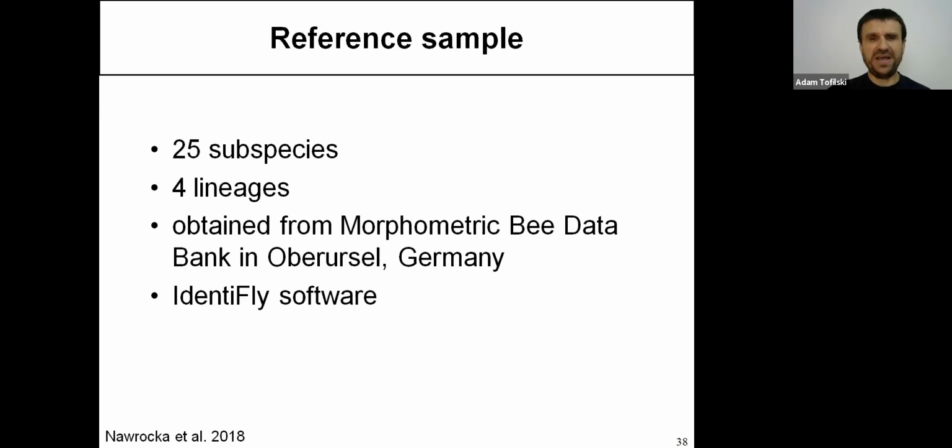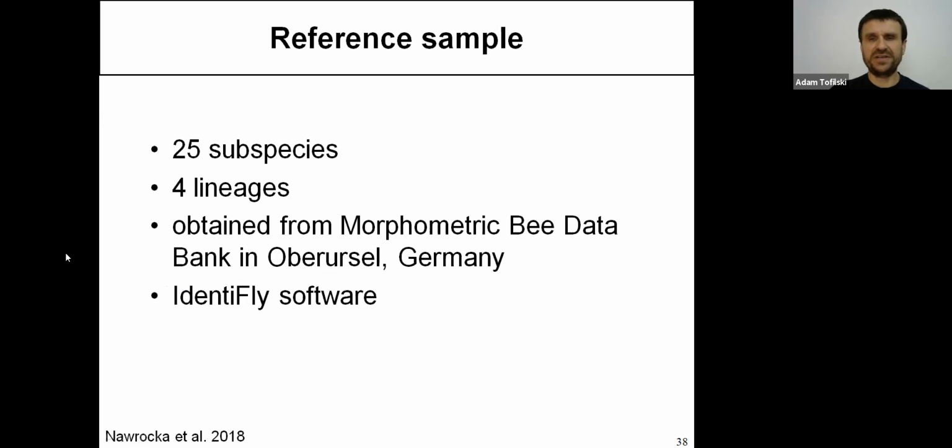This is the place where Ruttner worked. And I was able to get access to those thanks to Stefan Fuchs, who worked in Oberursel. So I measured them, and now you can use Identify to use this as reference.